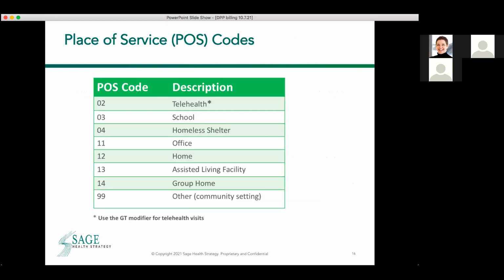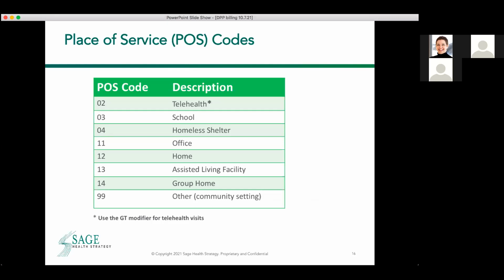All right, the final key claim element that you need to know is place of service. So the MCO is going to need to know, where was the service delivered? These are the eligible service codes that you can use. So you can provide it either through telehealth or a virtual platform, school, homeless shelter, you can see here, don't need to read them all.